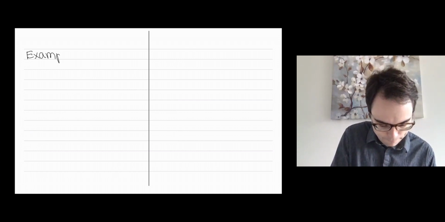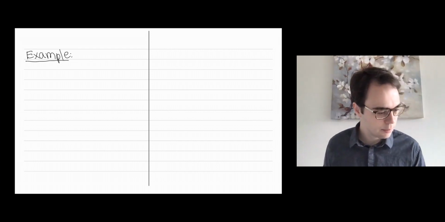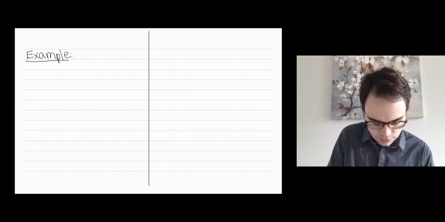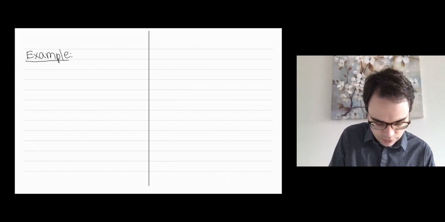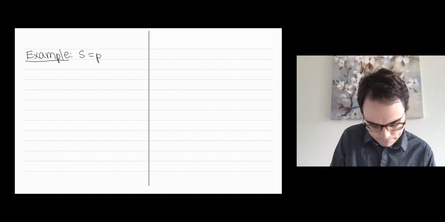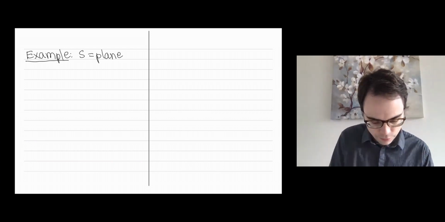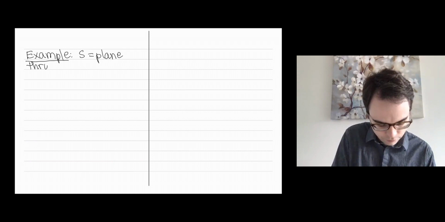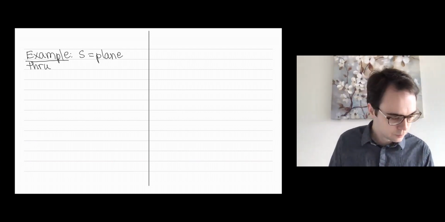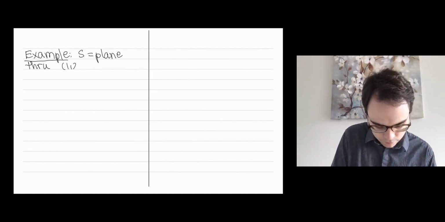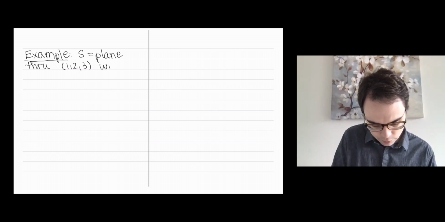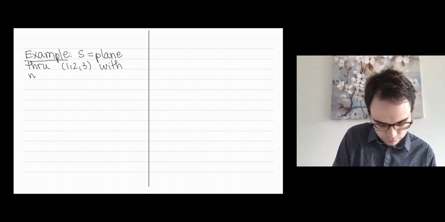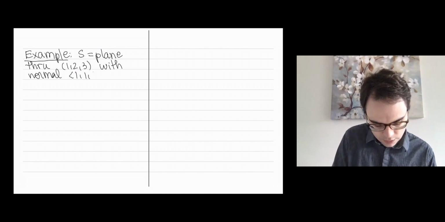So the next example is S this time. S is the plane through the point 1, 2, 3 with normal vector 1, 1, 1.